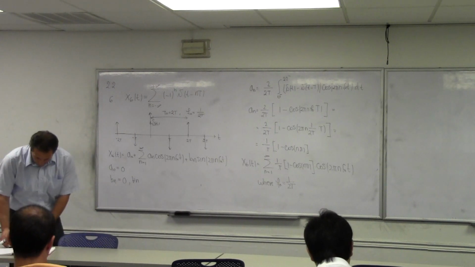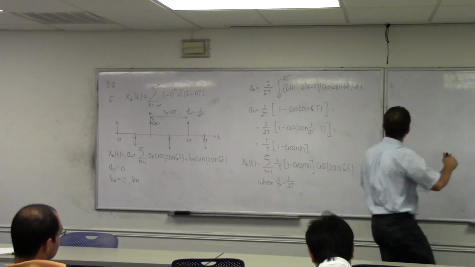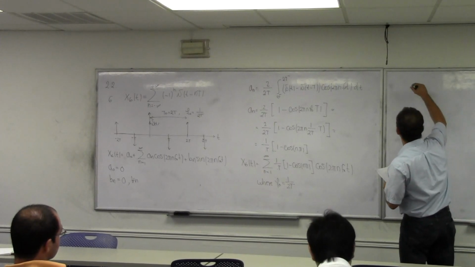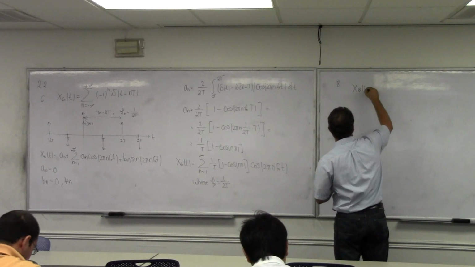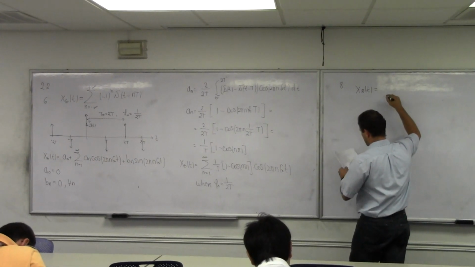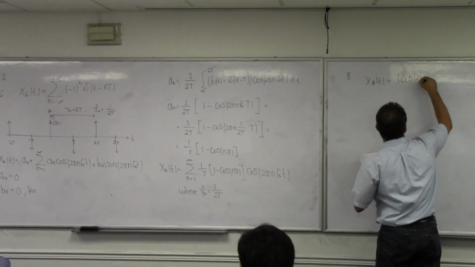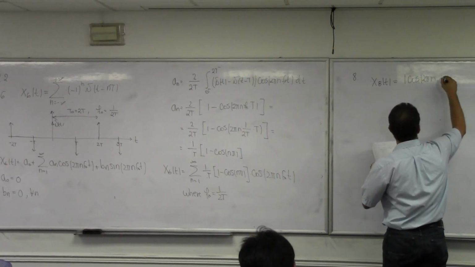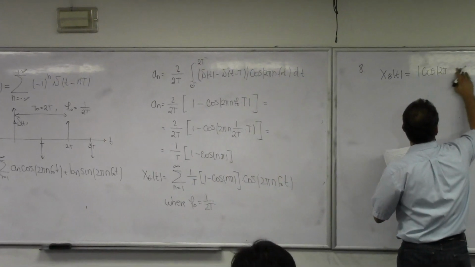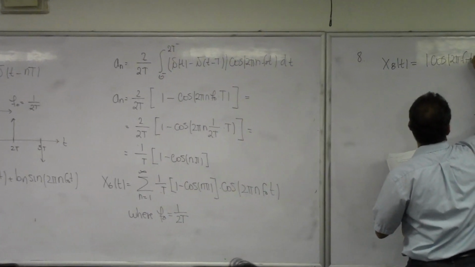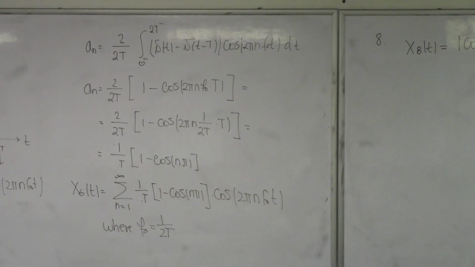Okay, the next one was this problem x8 of t. So that's x8 of t is cosine 2 pi f0 t, the absolute value. This one is called the full wave rectifier.